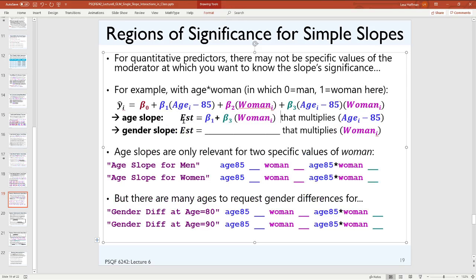So if I want to compute the age slope for different values of my moderator, using this equation, I would need 1 beta 1. And in the variable for women, if it's for men, then that's a 0.